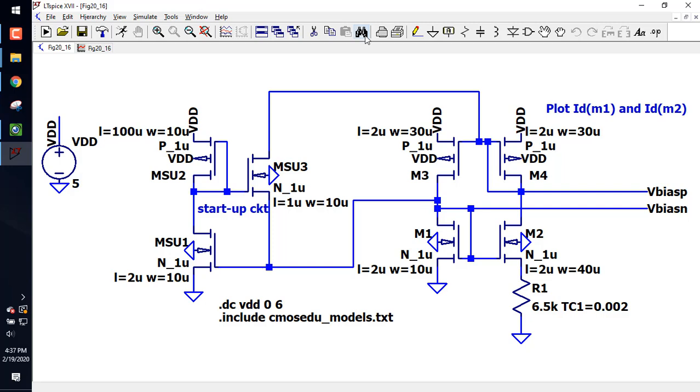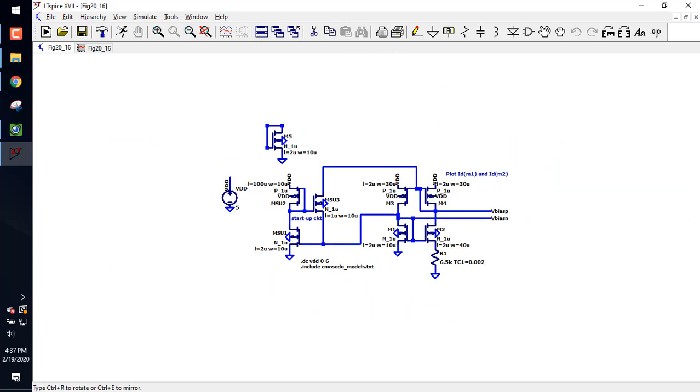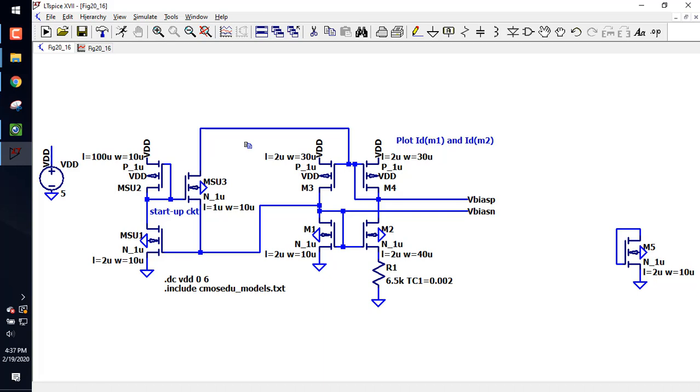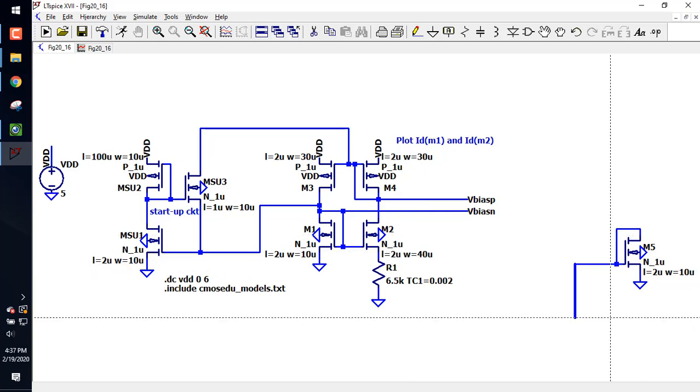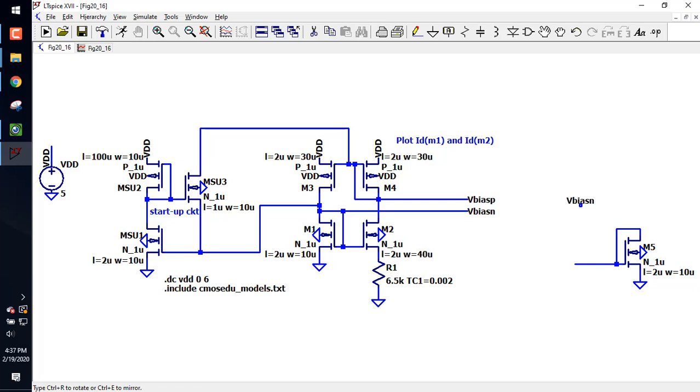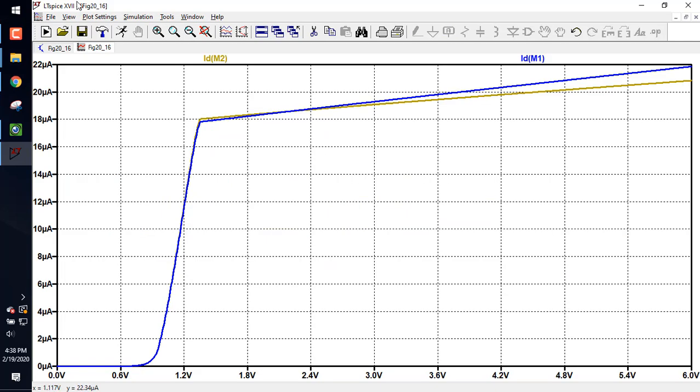If I take this transistor right here and I copy it, and then I come over here and put a wire on here, and then I hit label and call it V bias N, and then I get the scissors out. What was the current? Roughly 20 microamps.